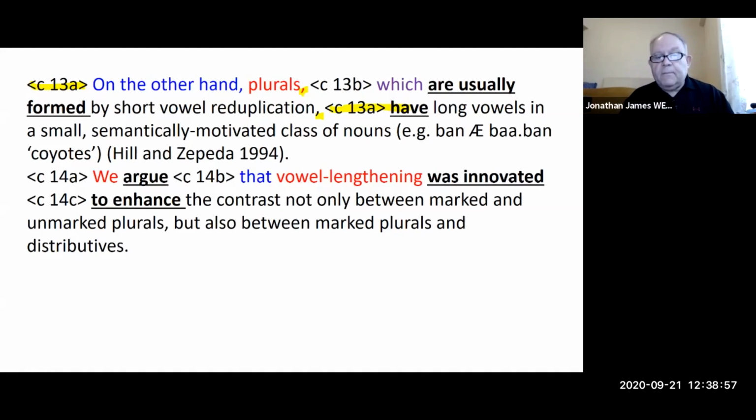It's a difference. "Plurals," and then you're giving some information about plurals. You're not distinguishing some plurals as opposed to other plurals. You're just saying plurals in general are usually formed by vowel reduplication. And so you're just giving additional information. It's a non-defining relative clause.